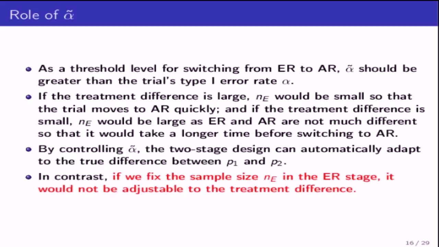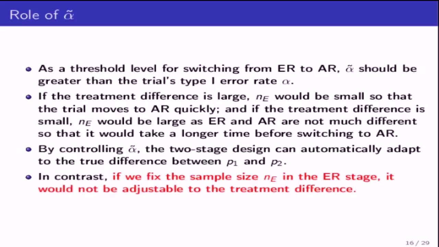So what is the role of alpha tilde? Alpha tilde is the threshold level for switching from ER to AR. Typically, alpha tilde should be greater than the type I error rate alpha. The nice feature about this setup is, if the treatment difference is large, then the sample size for equal randomization, denoted by N_E, would be small, so the trial can move on to AR quickly.